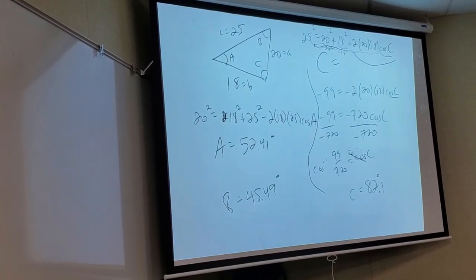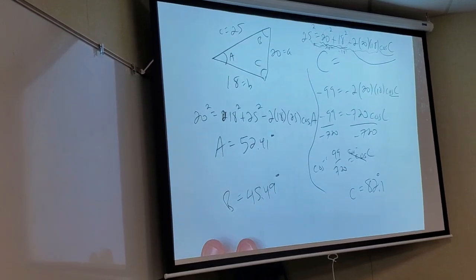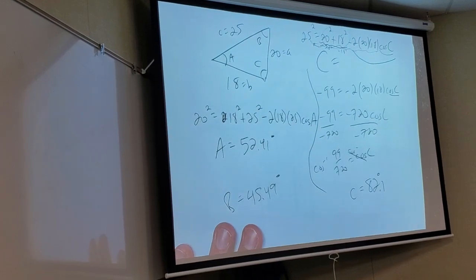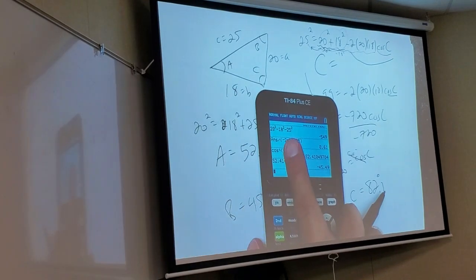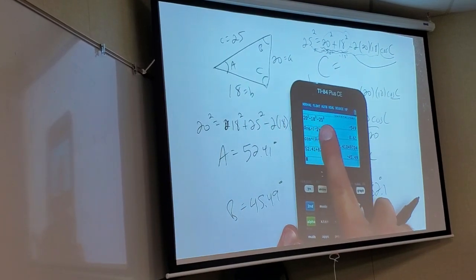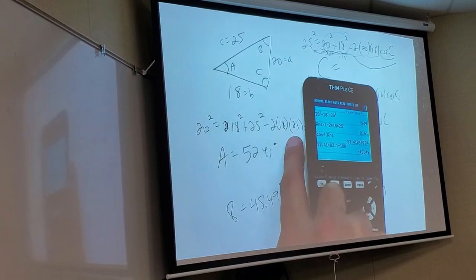Okay. As always, I love some facial expressions out there. Yes? When we're finding angle A, do we also have to take the inverse of cosine? Oh, totally. Yeah. Sorry. So here's basically my work. 20 squared minus 18 squared minus 25 squared, and then I divided by negative 2 times 18 times 25.